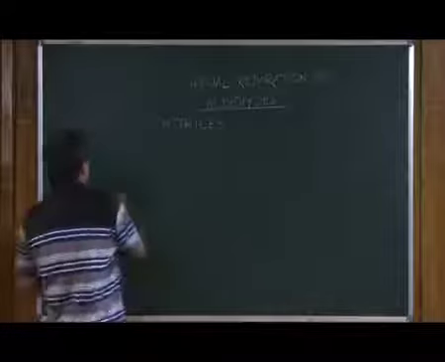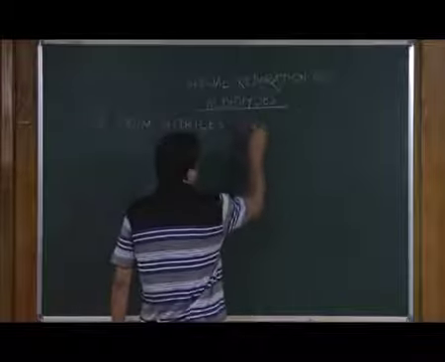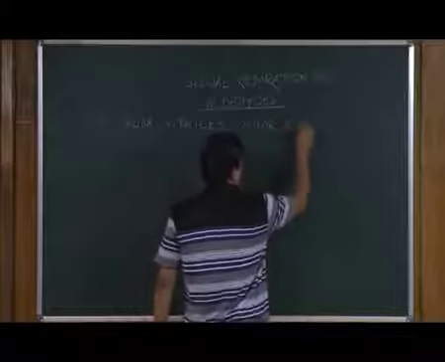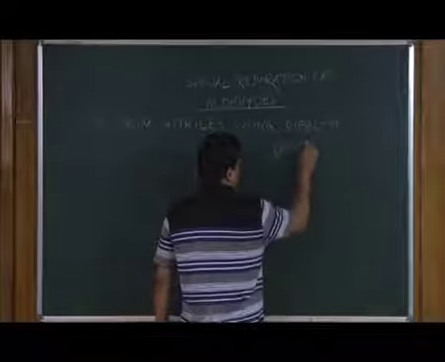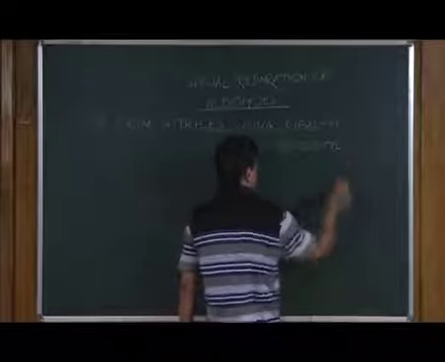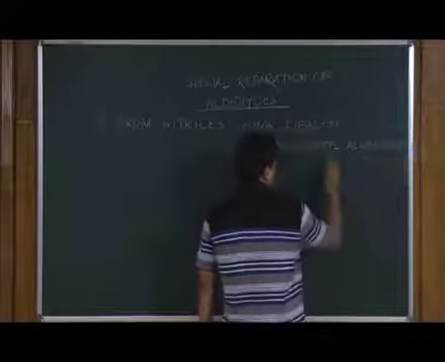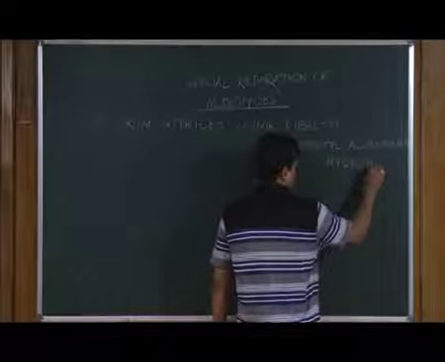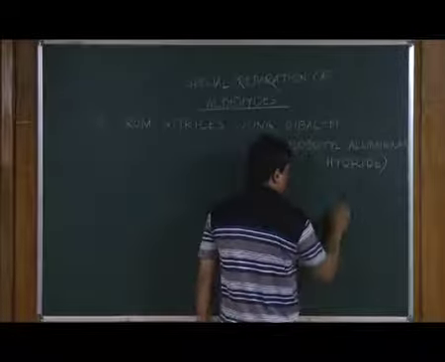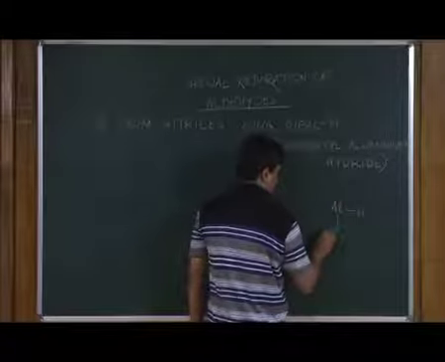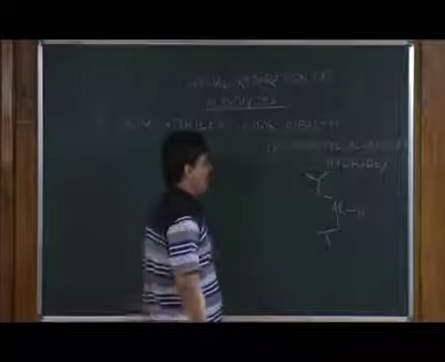Another procedure from nitriles is there. The full name of DIBAL-H is diisobutyl aluminum hydride, and the structure is such that two isobutyl groups are attached to the aluminum and there is only a single hydrogen.